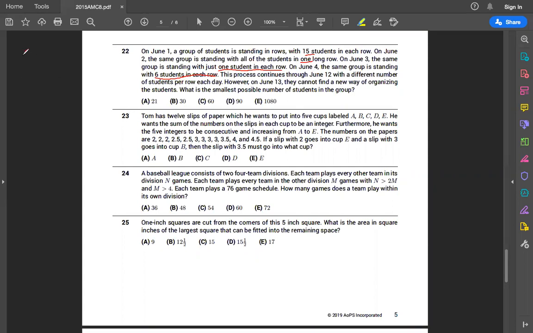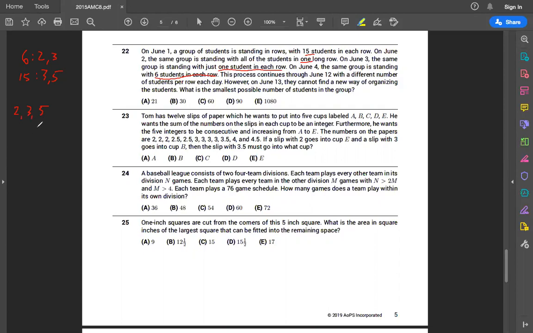So 6 is a factor. That tells us that 2 and 3 are factors. And if 15 is a factor, that tells us 3 and 5 are factors. So putting these together, we know that 2, 3, and 5 are factors. Now we need to find a number with 12 factors that has these 3 numbers already as factors.